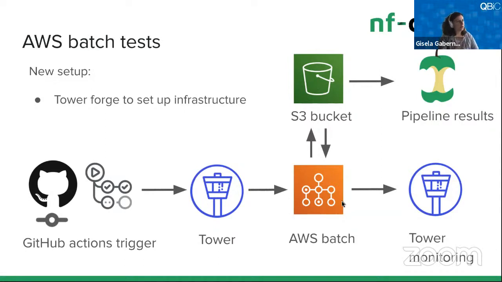The pipeline runs on AWS Batch, pulls the necessary data from the S3 bucket, and publishes also the results to the S3 bucket that we have set up on AWS. And while this is running, we can also monitor the progress of the runs with Nextflow Tower. And in the end, when the pipeline run has finished, we basically retrieve the results from the S3 bucket and can display them on the nf-core website.